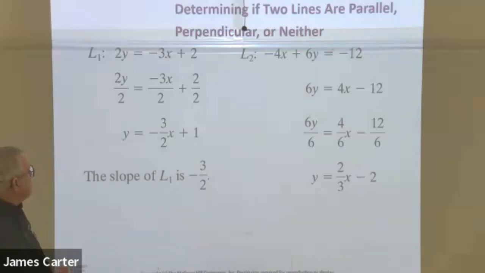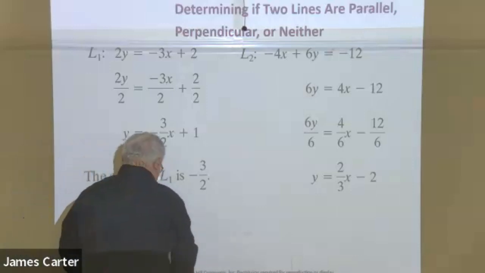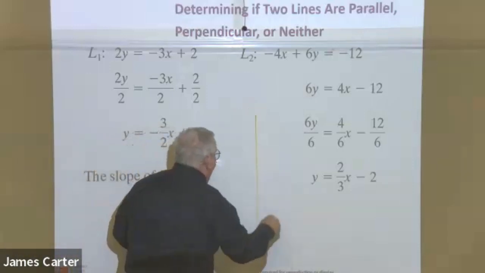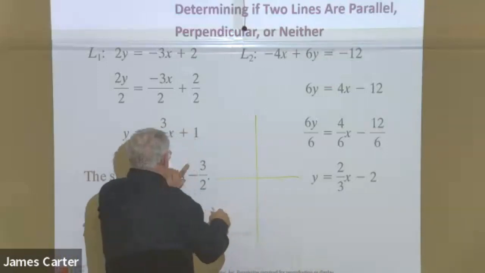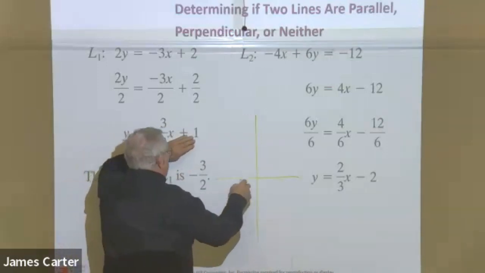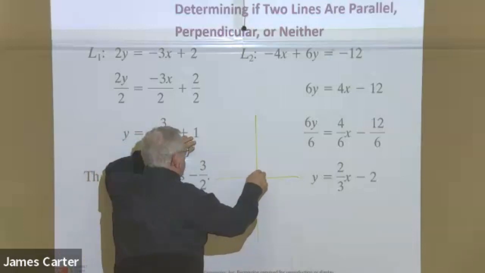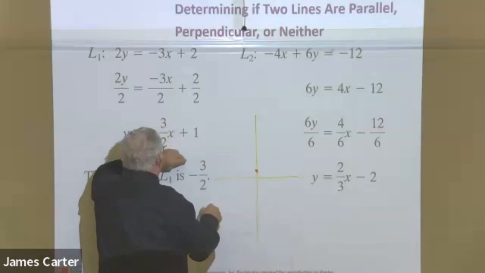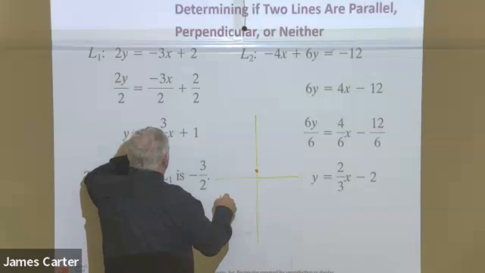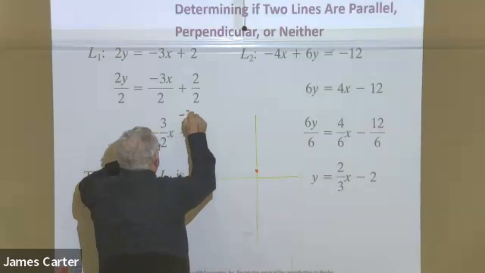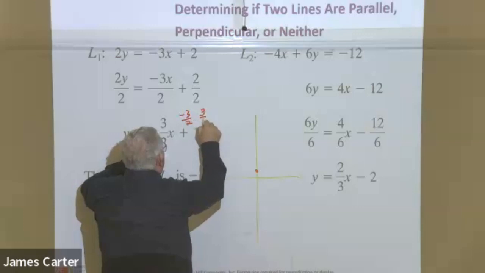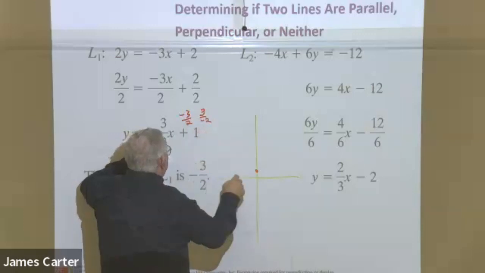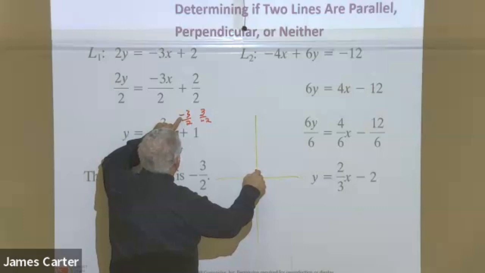Okay? Let's graph that. The first line here. My y-intercept is +1, the point 0, 1. From here, there's my two ways of graphing from this point.